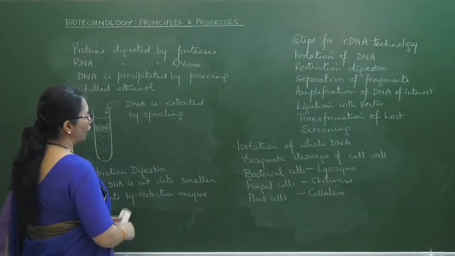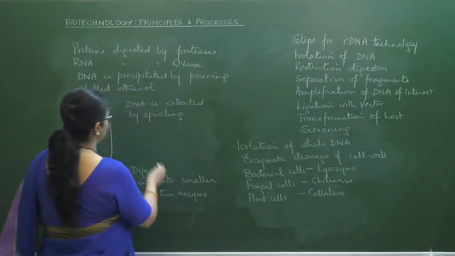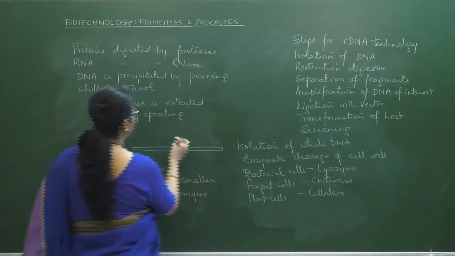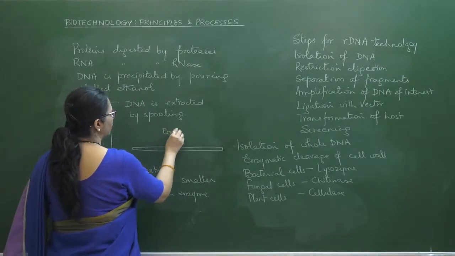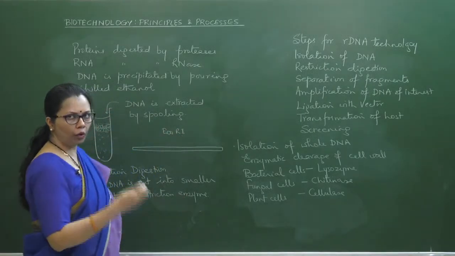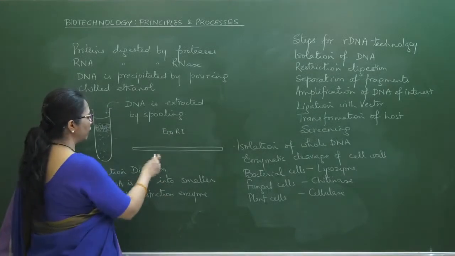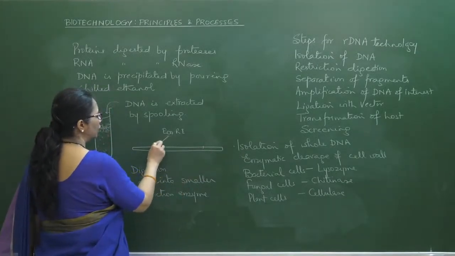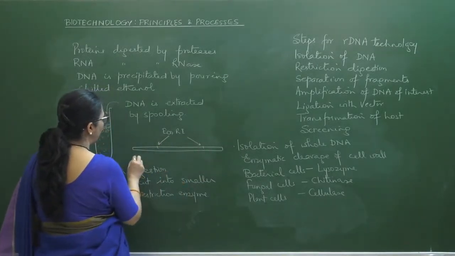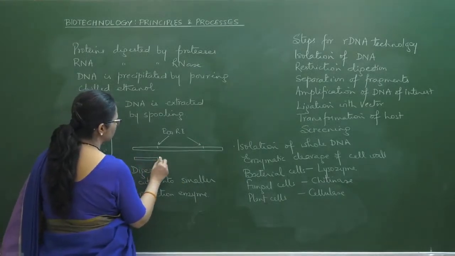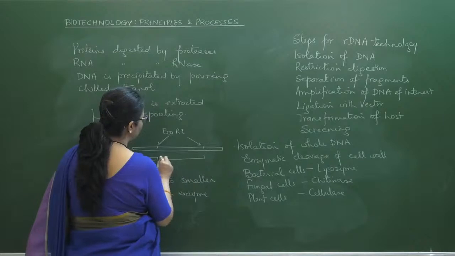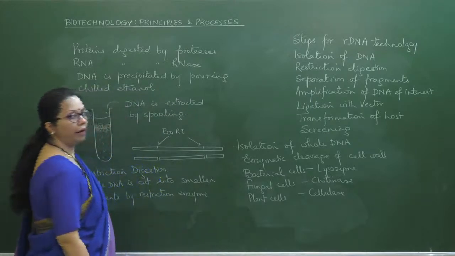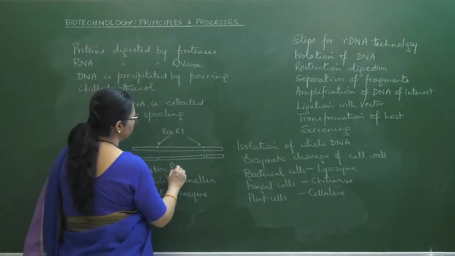Now suppose this is the entire DNA, and in this entire DNA we use, let us say, EcoR1. Now the site of EcoR1, the restriction site, can be randomly present. So suppose one site is here, one site is here, and EcoR1 will act on this and we will get 3 fragments like this. So 3 fragments would be obtained, and since these fragments are obtained by restriction digestion, these are called restriction fragments.